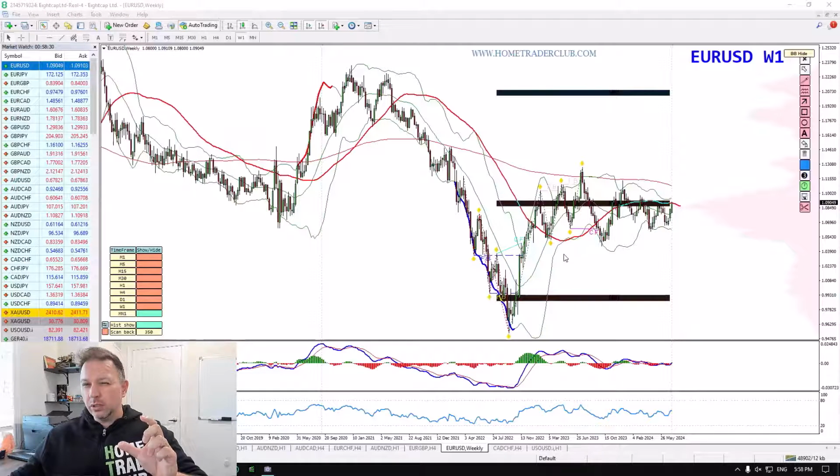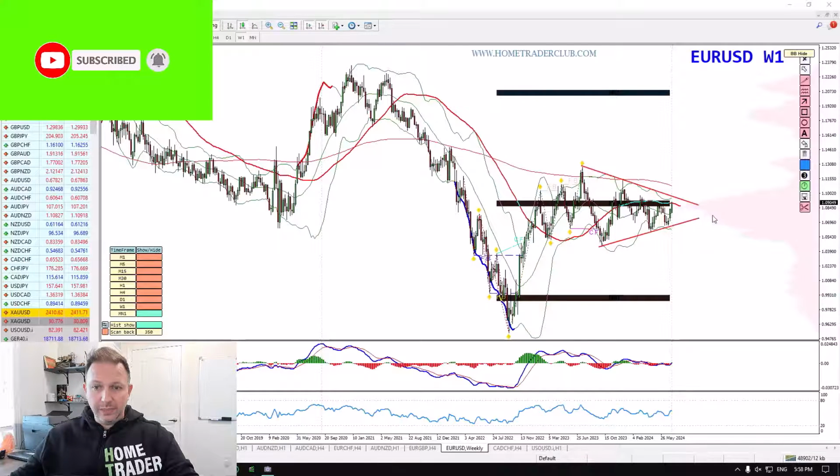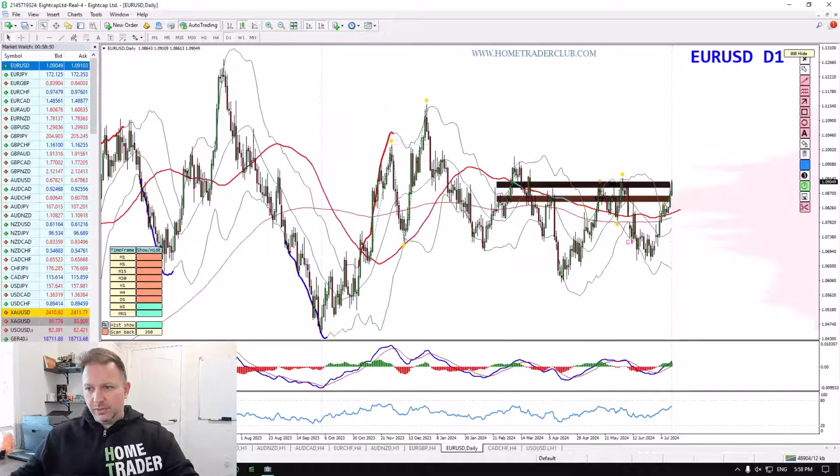I want to quickly remind you what we discussed in the last weekly forecast: according to the analysis, we still have the scenario of an expanded ABCD before the rally or any sort of a weekly range. If we take a look at this range, that could be our next destination for this rally of the euro dollar.